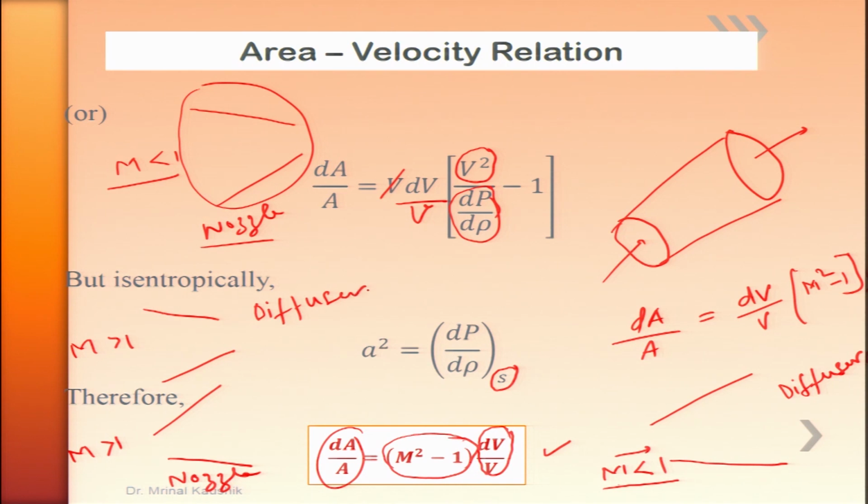Therefore, this gives a definition of nozzles and diffusers: any passage which accelerates the flow is always called a nozzle. It need not be converging, because we have just seen it depends upon the inlet Mach number.